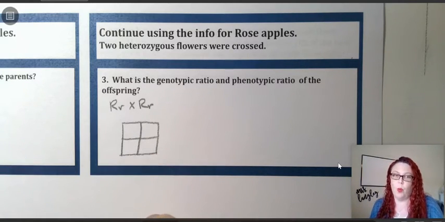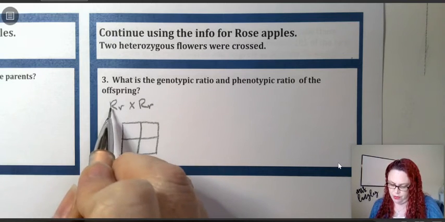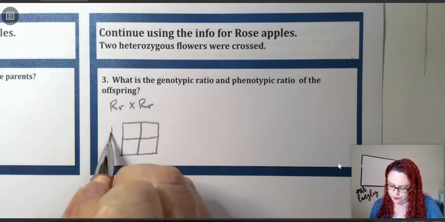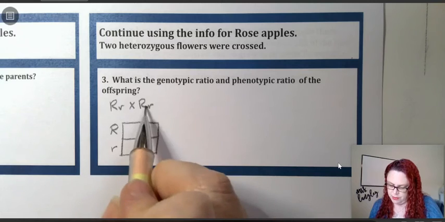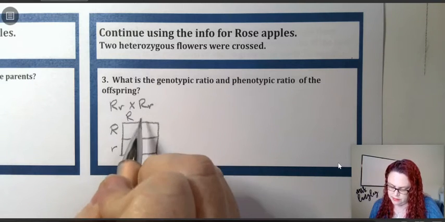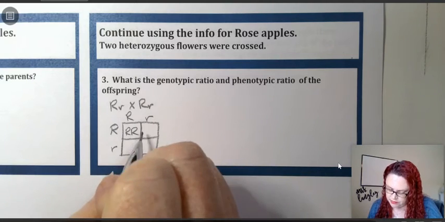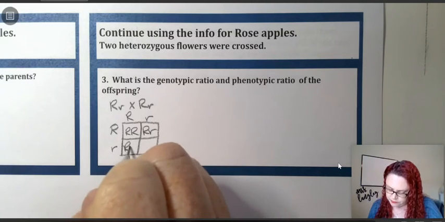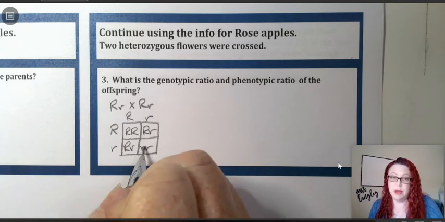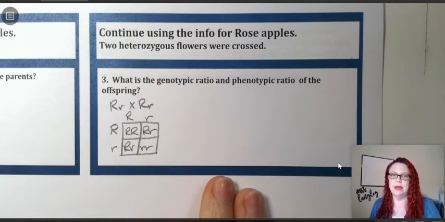That means gametes get 1 letter, and they can get a capital R or a lowercase r. Here we can get a capital or a lowercase. Now I bring all my information back together. So there's my cross.